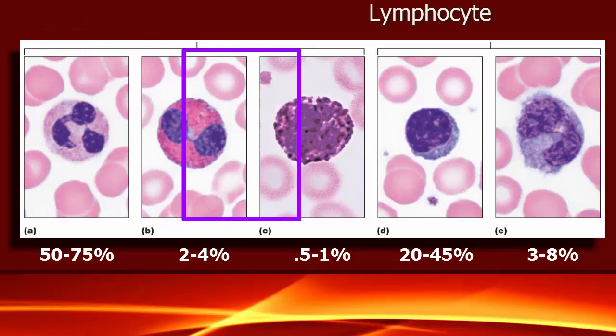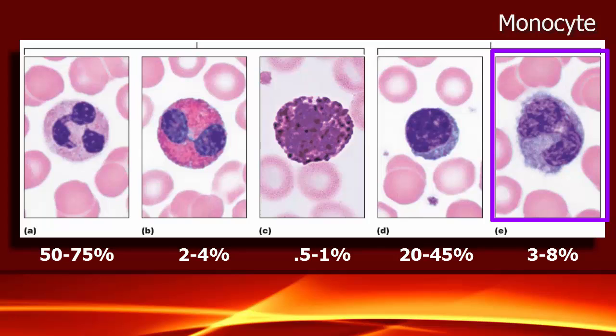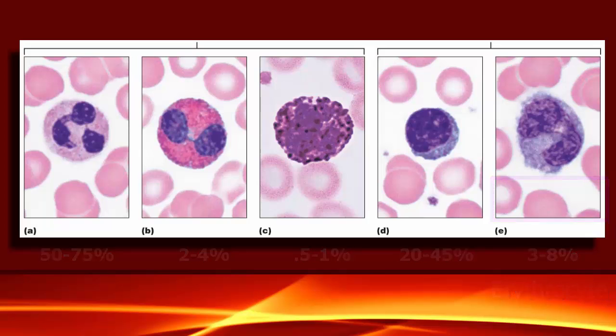And while we're here, why don't we identify the agranulocytes? So we've got a small lymphocyte and we have a monocyte. And the smallest and most numerous blood cell on the slides are going to be the red blood cells.